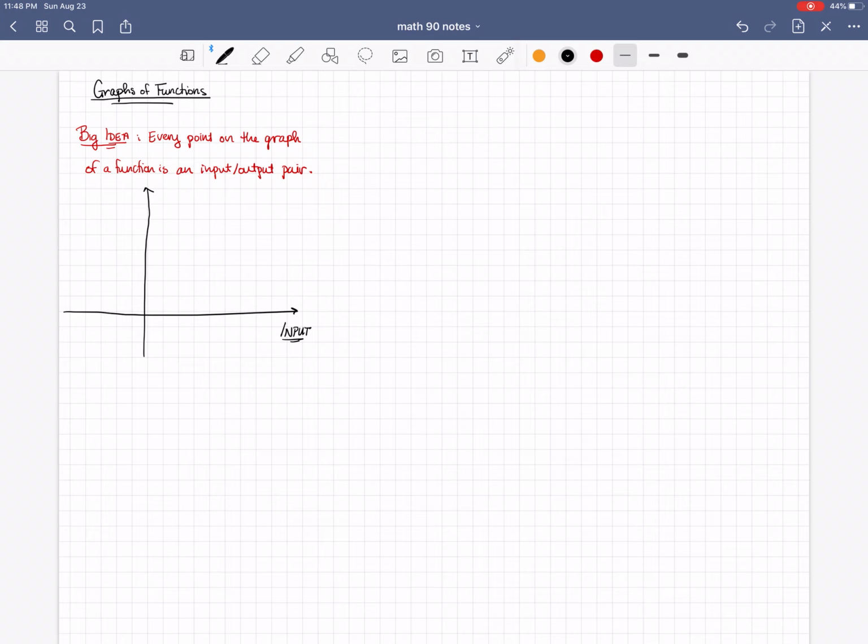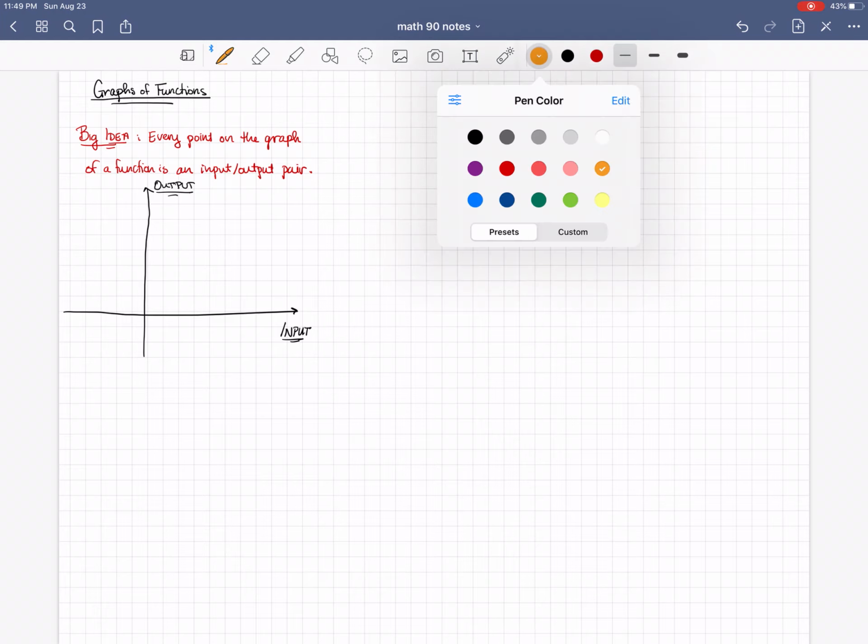We're going to make the horizontal axis our input axis, and our vertical axis our output axis. So this is where that understanding comes from, that x's are always inputs. Generally what we call the x-axis is also where we plot the inputs on the graph. And so let's look at just a point.